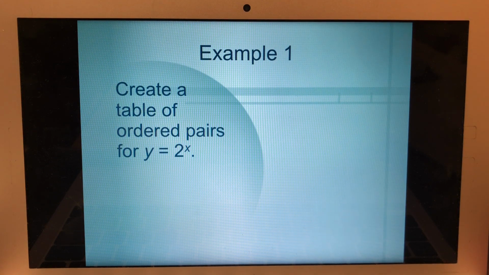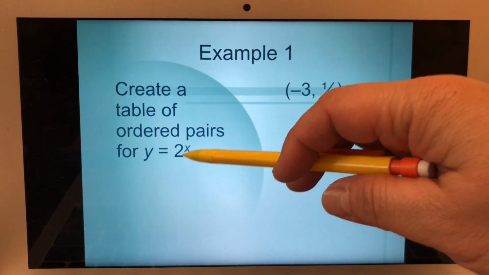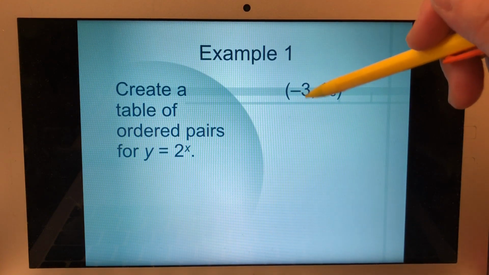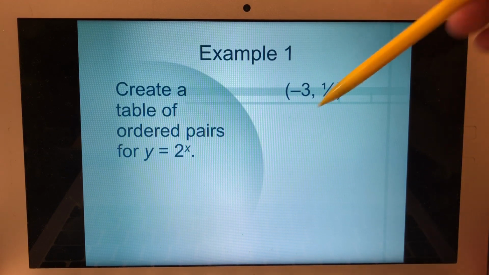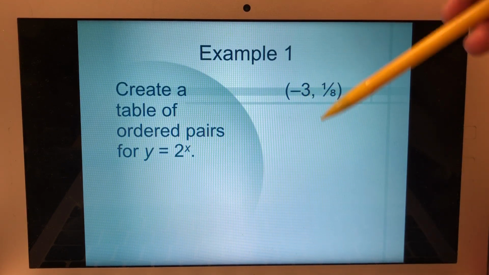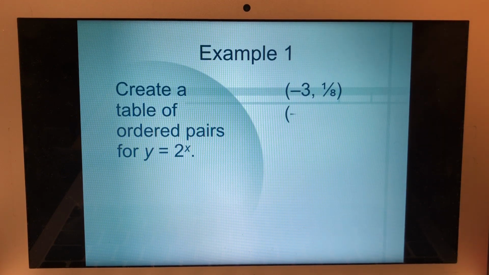So if you create a table, just like the one that's in your book, let's say our x is negative 3. So you're going to have 2 to the negative 3rd power. That gives us 1 over 8. Because remember, any number raised to a negative power is the reciprocal. It means to find the reciprocal.